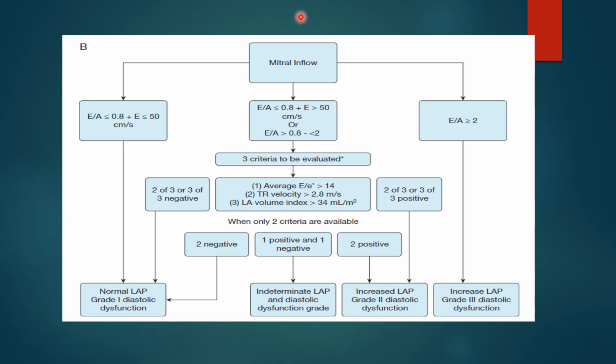You have a diagnosed diastolic dysfunction either through systolic dysfunction, or you have normal EF, you've already surmised that this person has impaired relaxation. These are the methods you can go through to figure out if someone has elevated left atrial filling pressure. So in our case, E to A is greater than 2, you're already done, so it's simple, right? Otherwise, you'd have to go through a little bit more complicated pattern right here.